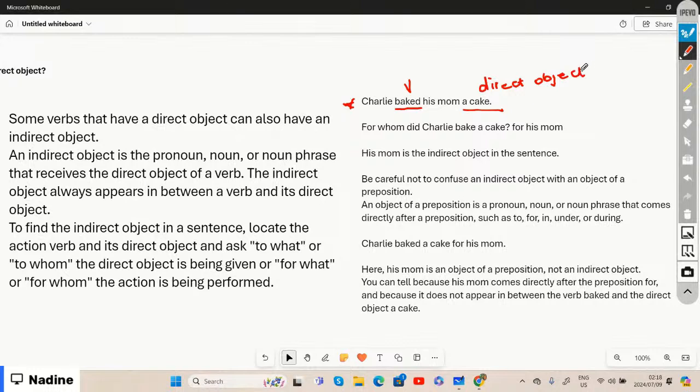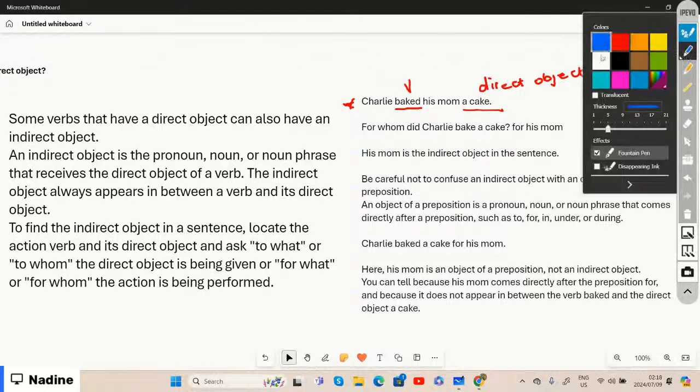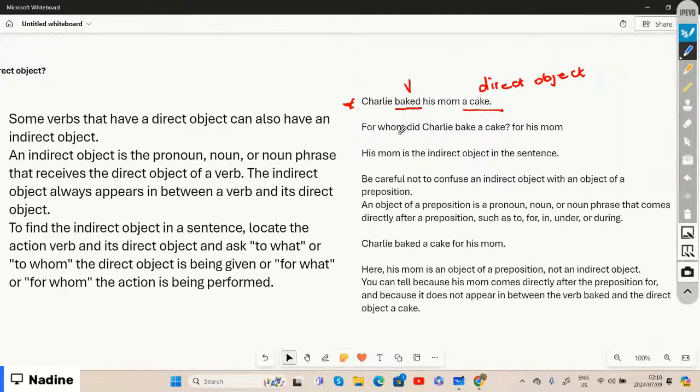And remember, we said that in order for us to find our indirect object, you will find it between the action verb as well as the direct object. Which means that here we have our verb, over here we have our direct object, so his mom will then be our indirect object.